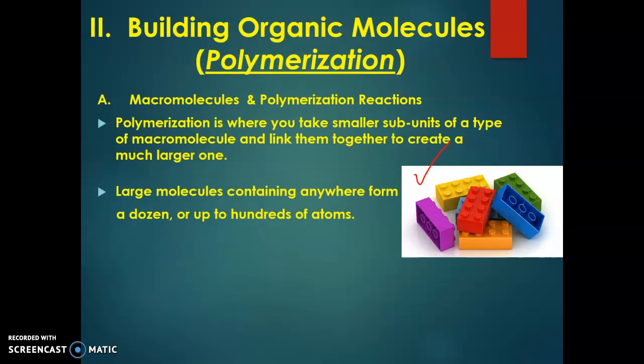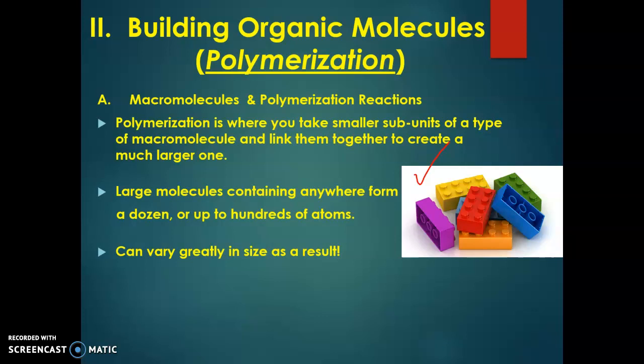These larger molecules can be anywhere from a few dozen to hundreds and hundreds of atoms, all linked together to form these gigantic molecules. They vary greatly in size, as I just mentioned, a couple dozen to a couple hundred.